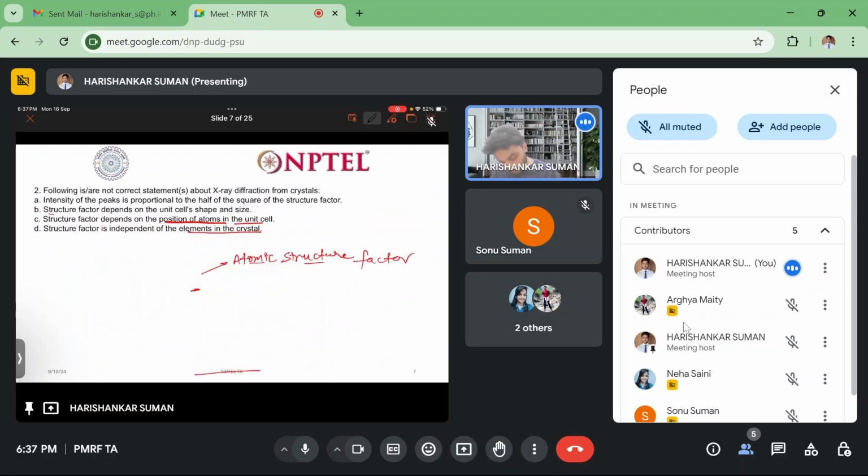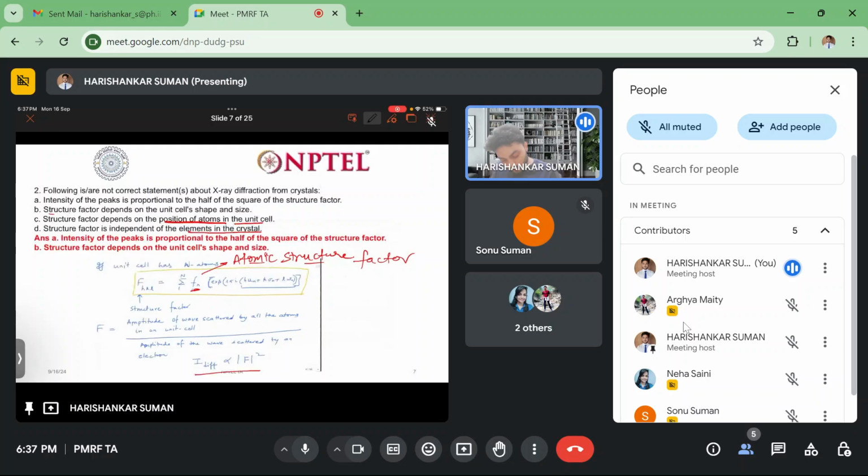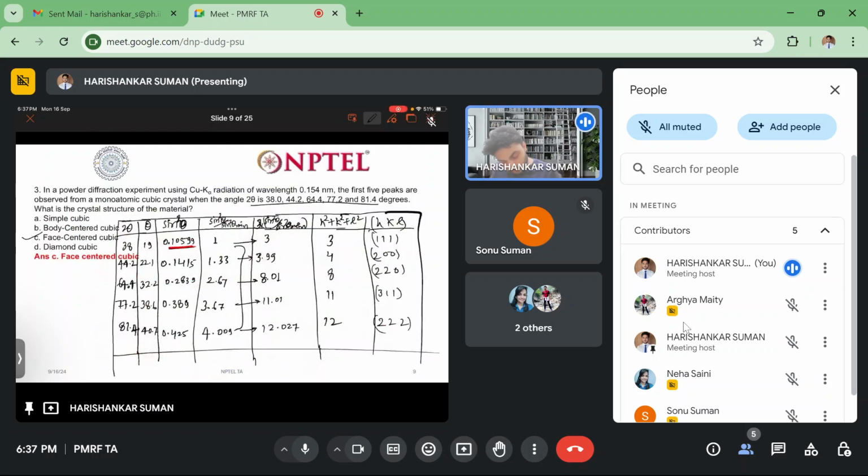You can see that for FCC, HKL must be unmixed: all even or all odd. So these HKL are unmixed. Okay, so you can find the answer like that.